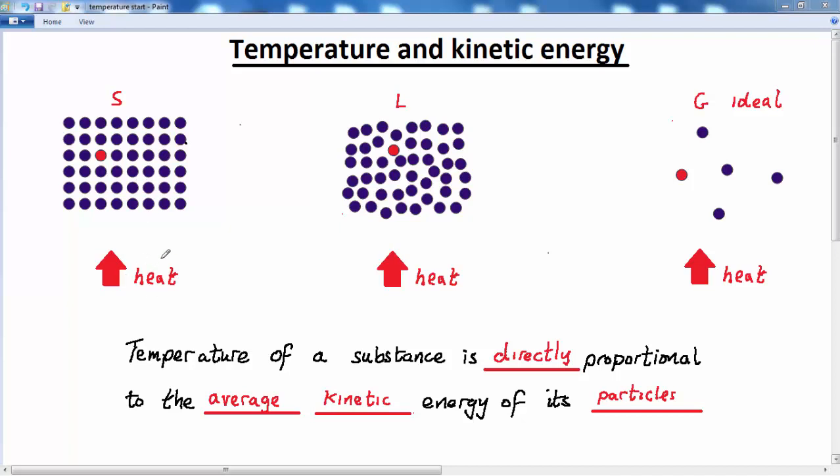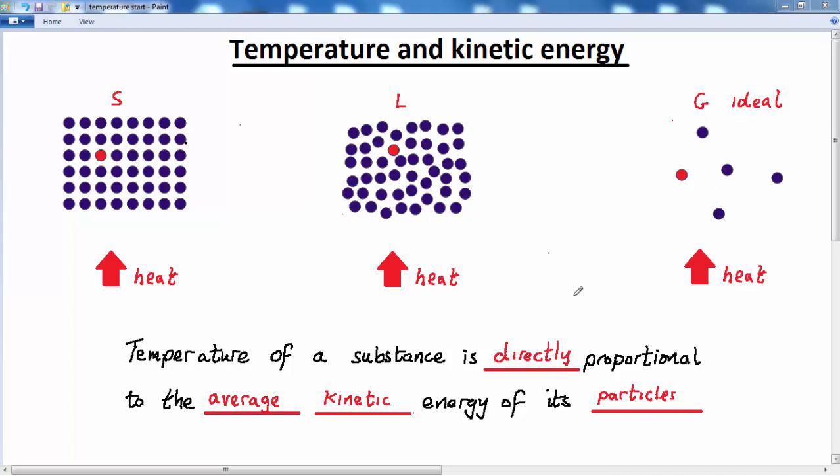So not all of that heat is transferred into kinetic energy. Likewise, not all of the heat will be transferred into kinetic energy in the liquid. Some of it gets stored in the form of elastic potential energy due to the forces acting between the particles, the cohesive forces. It is only true that all of the heat is converted into kinetic energy in the case of an ideal gas.